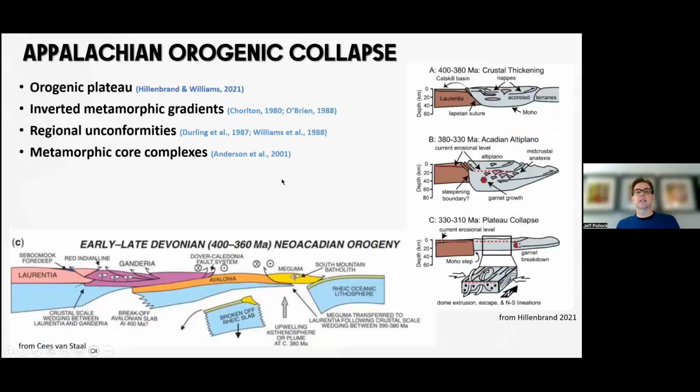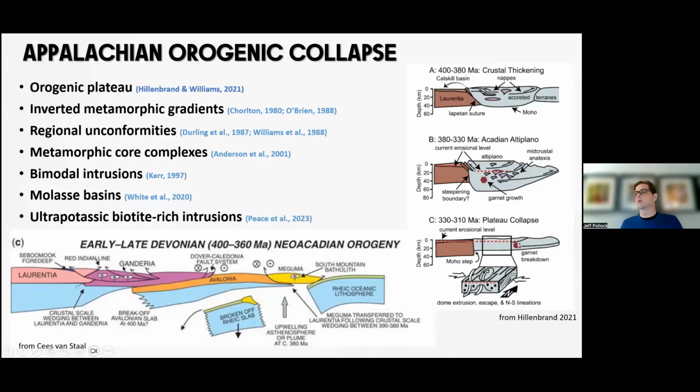And we see the same thing in the Appalachians. And the advantage in the Appalachians is we have supracrustal rocks, and we have all the features that indicate orogenic collapse. This is Cees van Staal's model for slab breakoff, reducing that mantle lithosphere, and then Hillenbrand's model of the Acadian altiplano. So we have evidence in both orogens for a late-stage orogenic collapse.